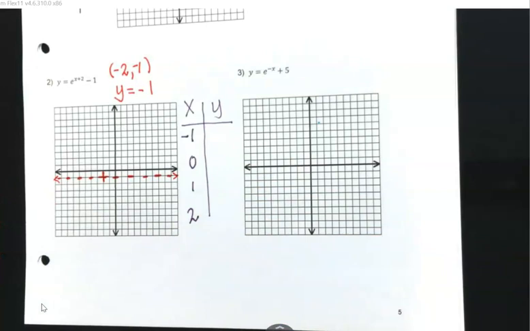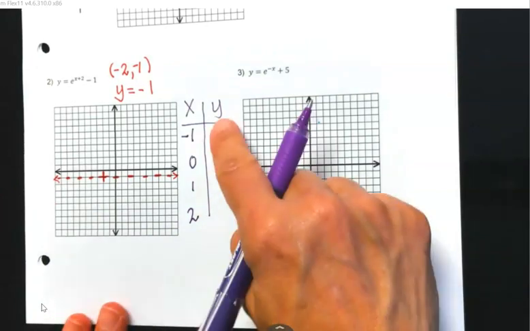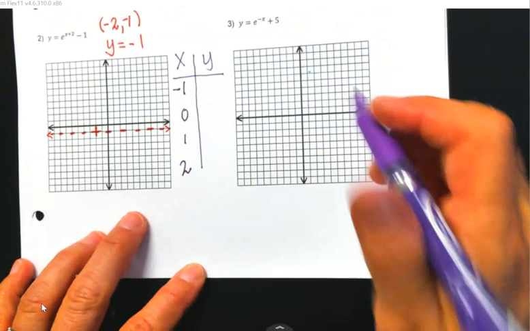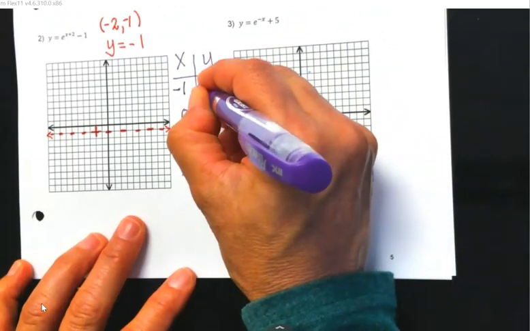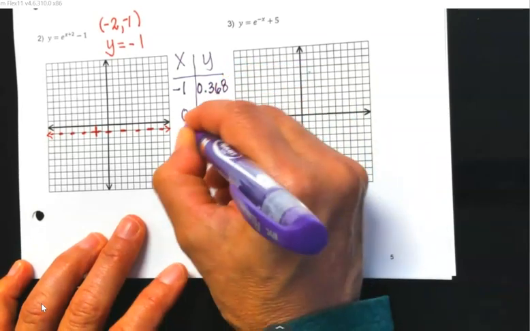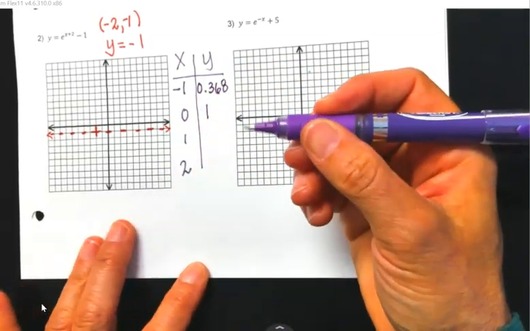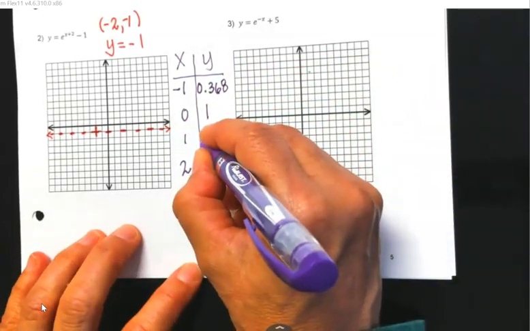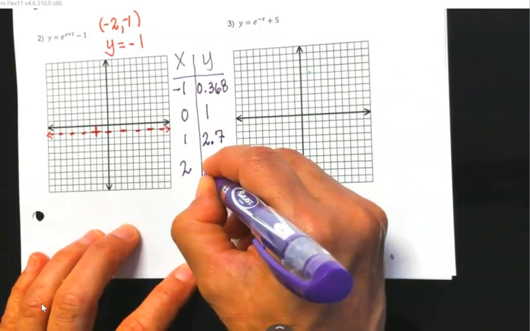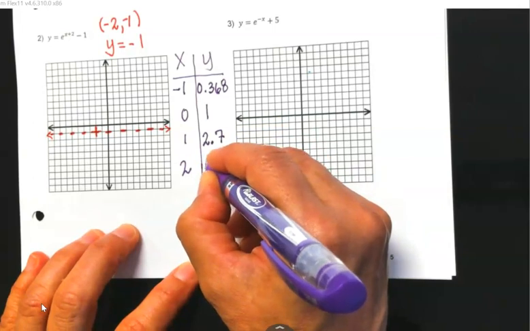And remember, we are only applying these exponents to the base e. And now this is going to be the same thing as it was up here. So here we go. E to the -1, remember, is 0.368. E to the 0 is always 1. E to the first, we're rounding to 2.7. E squared, we're rounding to 7.4.